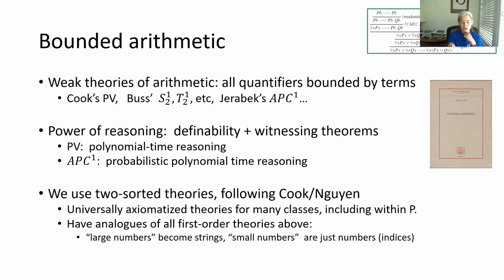In particular, if you've seen theories of bounded arithmetic before, we will be looking at a variant of PV for polynomial time reasoning. That's the theory that just operates with everything which is a polynomial time computable function.